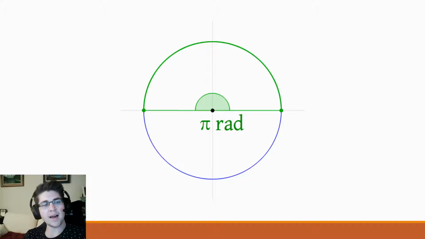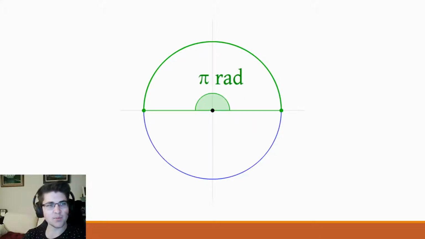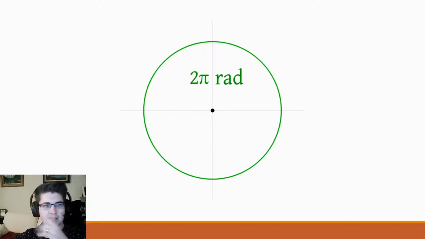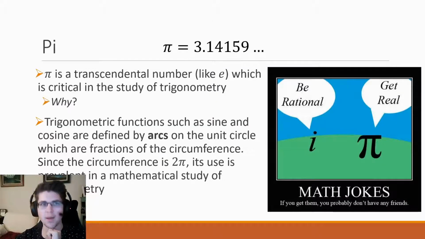Pi is the exact distance you need to move halfway around the unit circle. Obviously 2 pi would get you the full distance, which is a helpful way of seeing why 2 pi makes a complete circle, and that's why the unit circle's circumference is 2 pi.